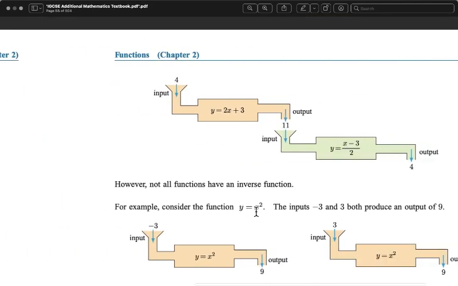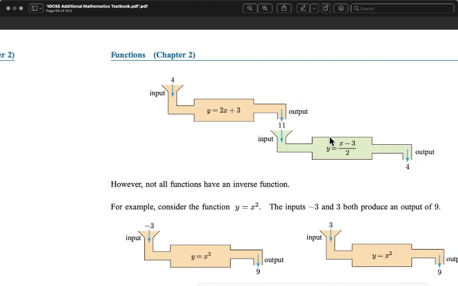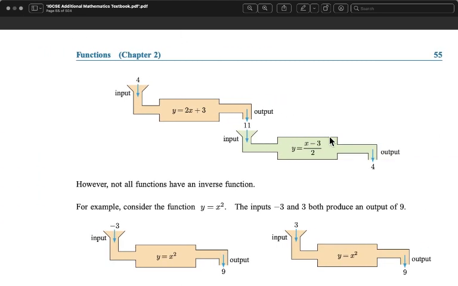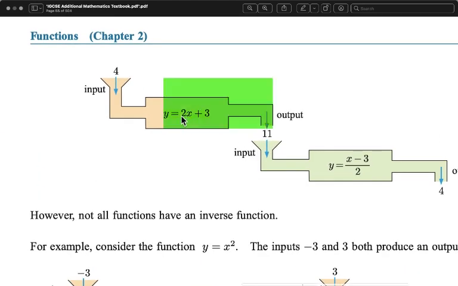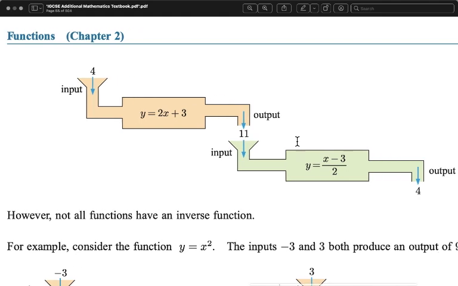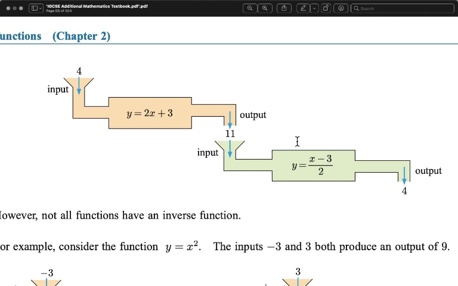Now let's look at a few examples of what an inverse function actually is. For the original function, when you input a value of x, for instance for the equation y equals 2x plus 3, with x equal to 4, the output is y equals 11. For the inverse function, the output of the inverse function should be the input of the original function.